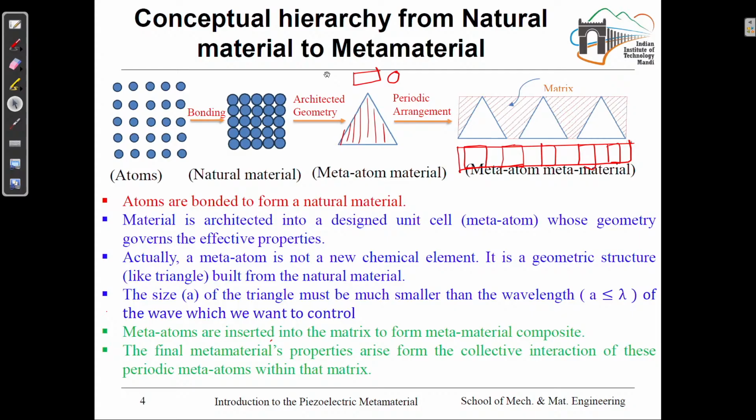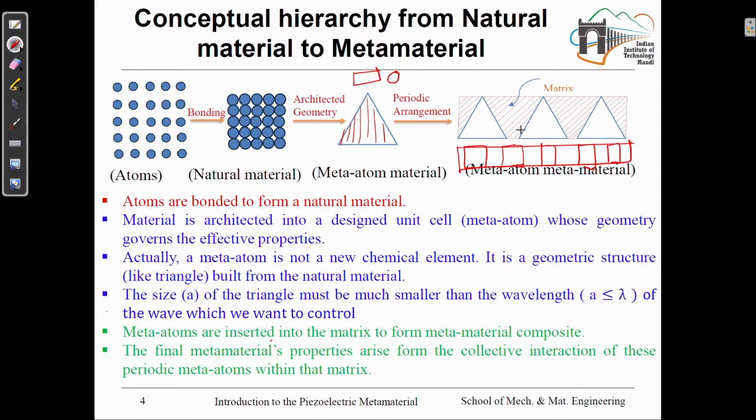this. So see, we have only one type of natural material, and actually we can make so many types of materials, so-called metamaterials. The interesting thing is this: whatever shape you are giving to this so-called meta-atom, you will have different properties here.